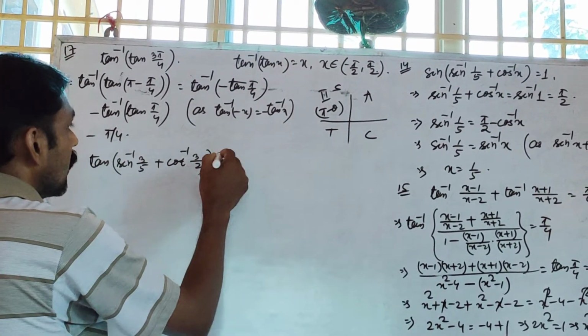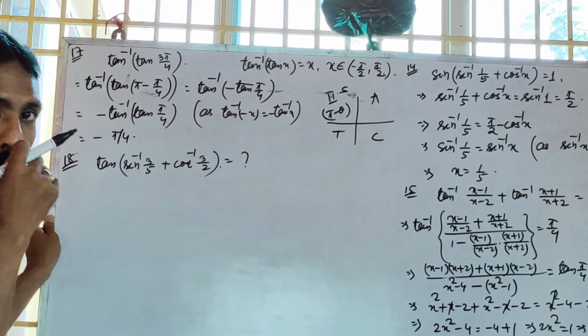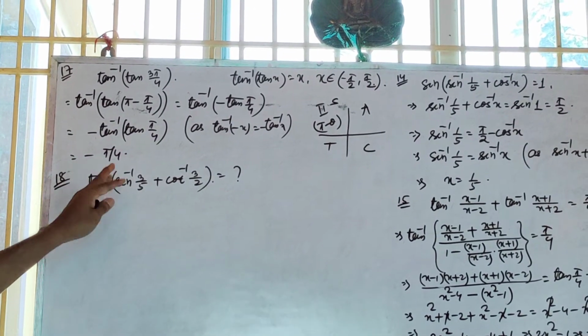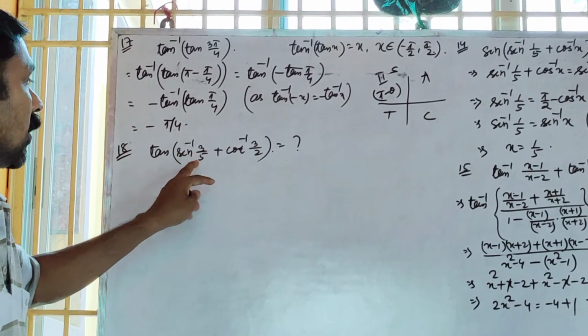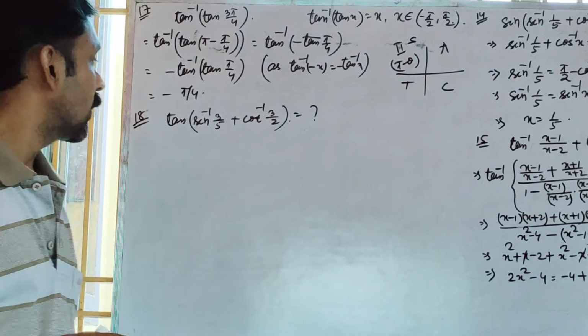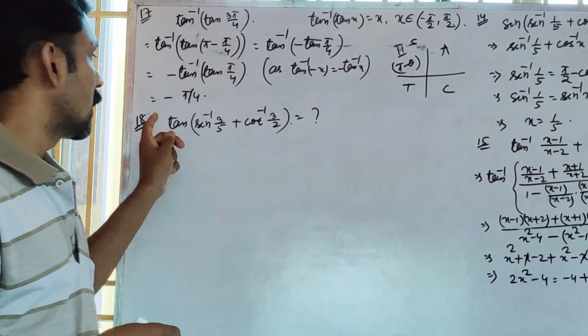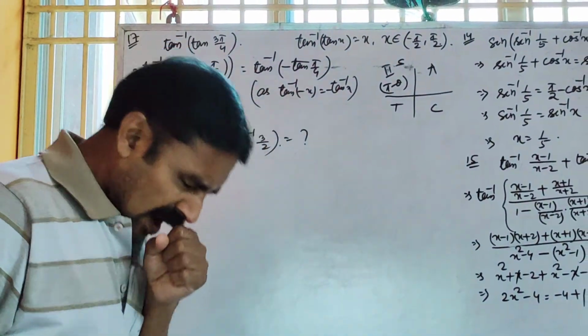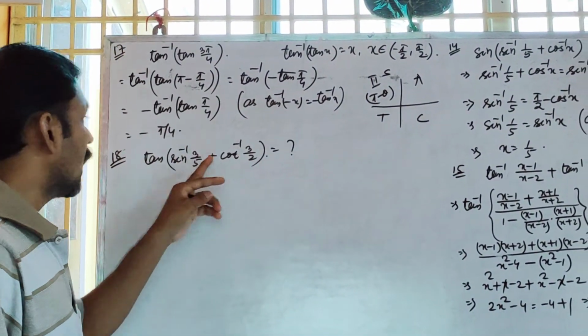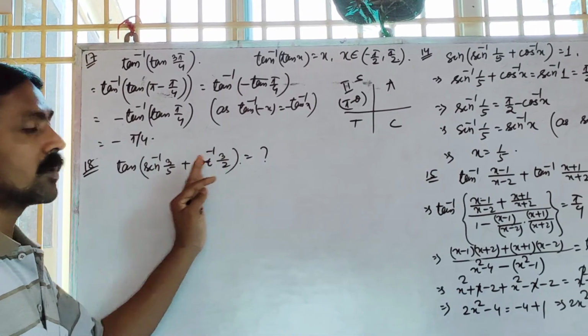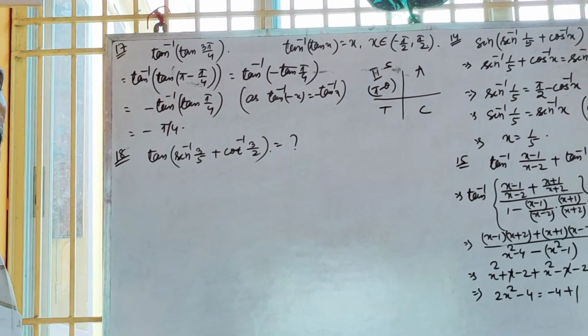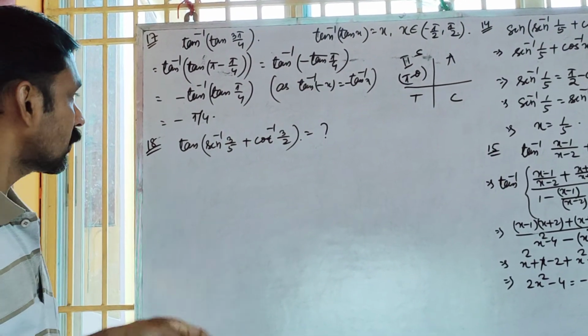Here this is equal to how? So here you see the outside function is tan, but the innermost functions, one is in sin inverse, another is in cot inverse. So to simplify it, we have to make both the terms in terms of tan inverse.